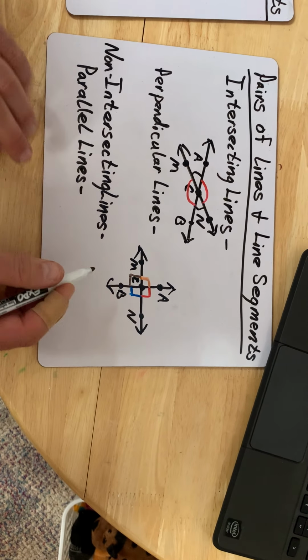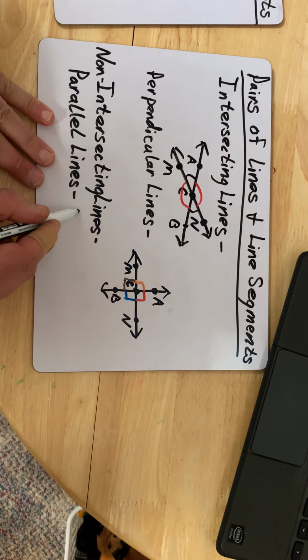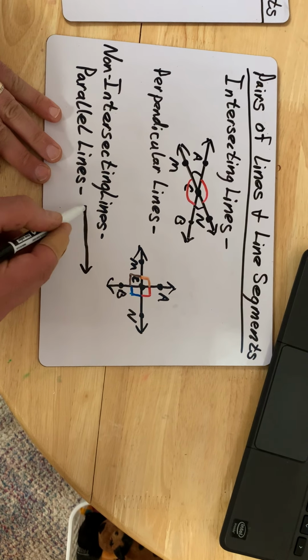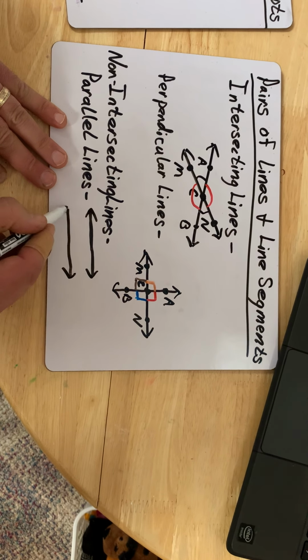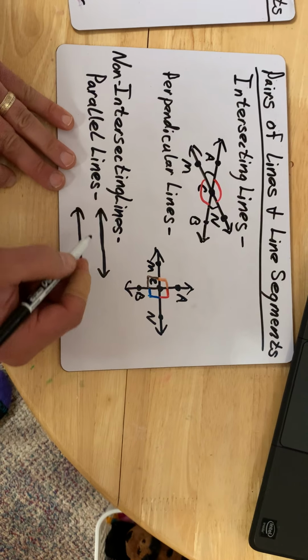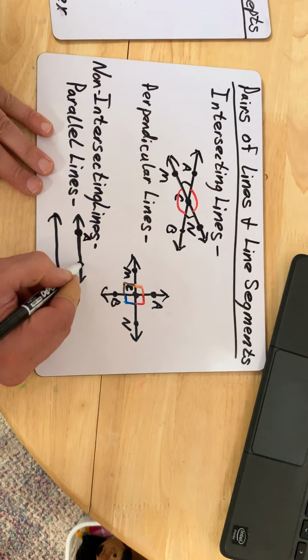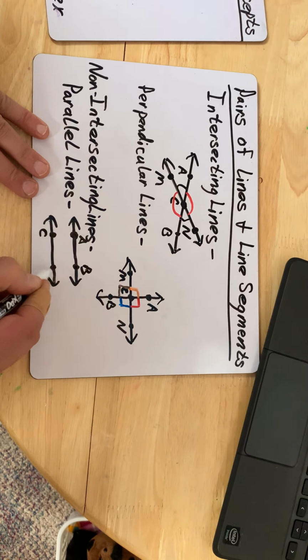don't intersect. So it's pretty basic here. If you draw, let's go with parallel lines. Parallel lines will run on into infinity in both directions, left or right, up or down, however you draw it. So let's call this line AB and this line CD.